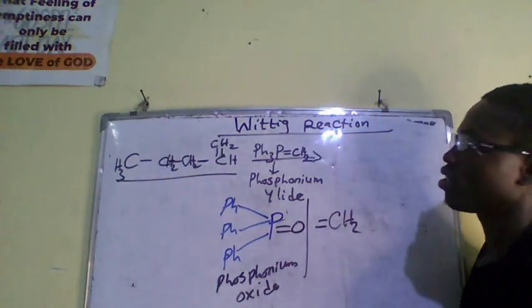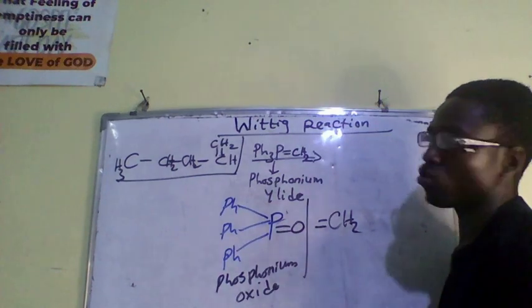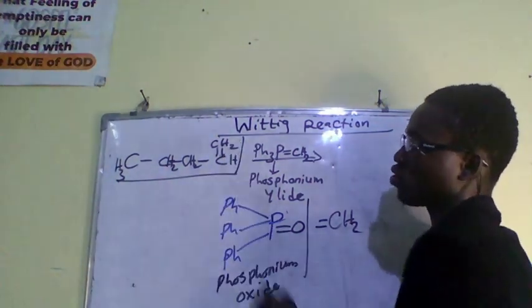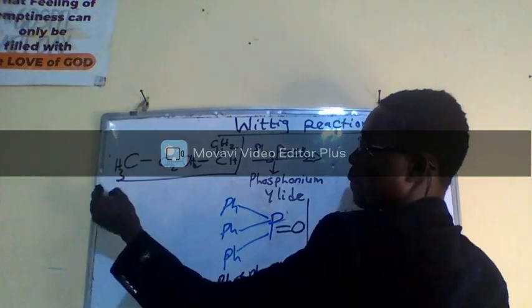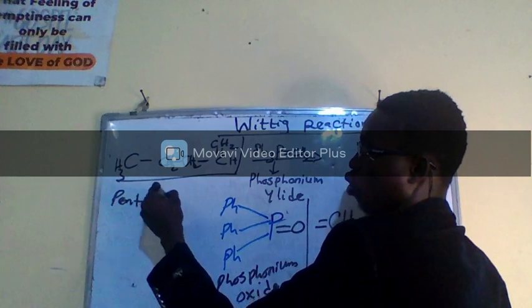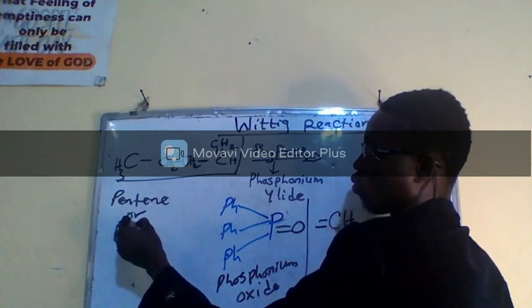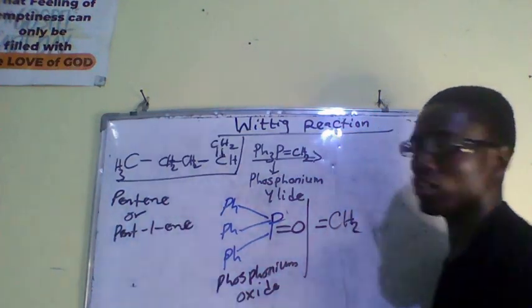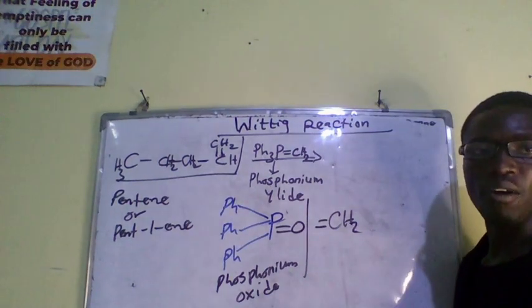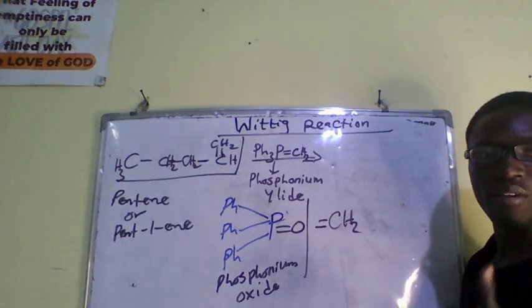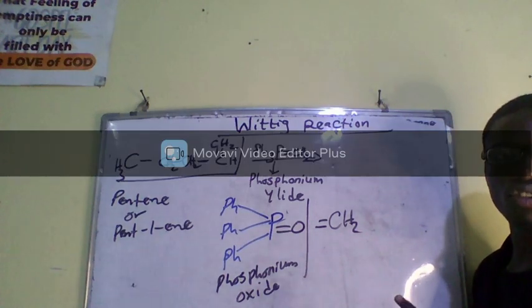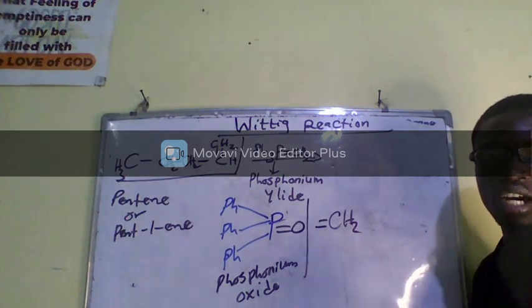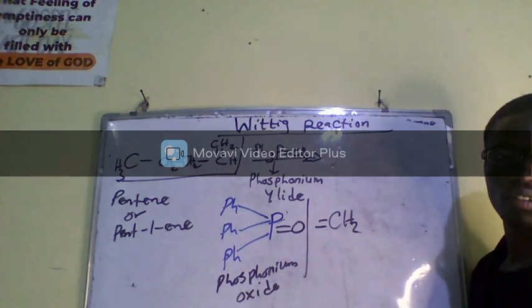So if you have a compound like this, this is now the longest chain: 1, 2, 3, 4, 5. Because the double bond is here at the edge, you are now going to name it pentene, or pent-1-ene. Can you see? So for the Wittig reaction, the reagent is a phosphonium ylide, which is a phosphorus surrounded by 3 phenyl groups and with a double-bonded carbon and 2 hydrogens.